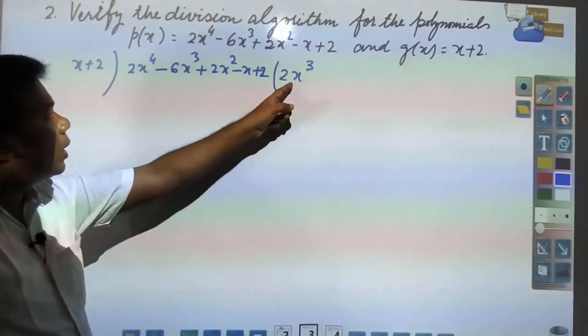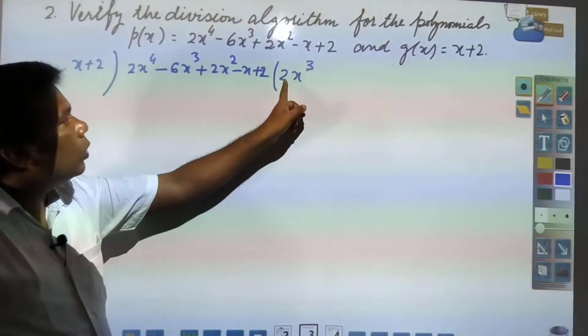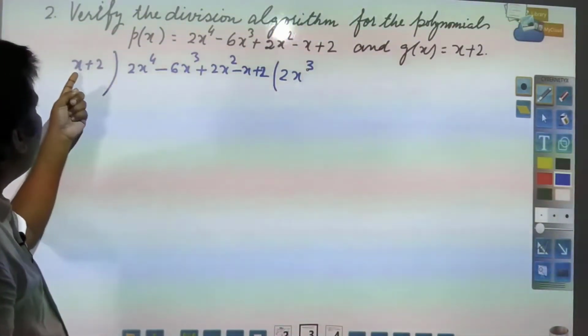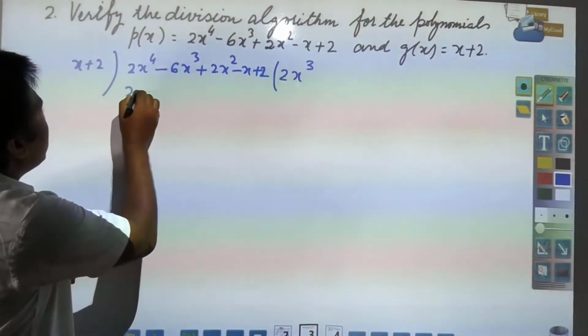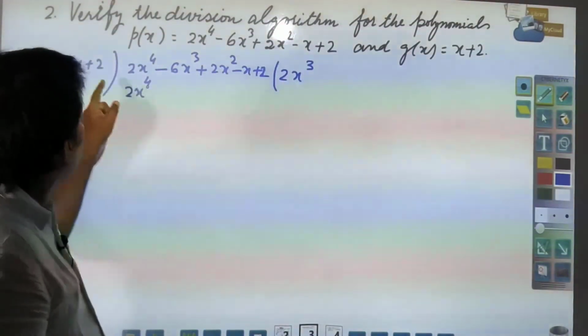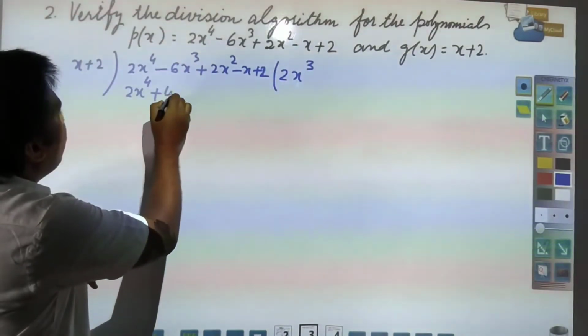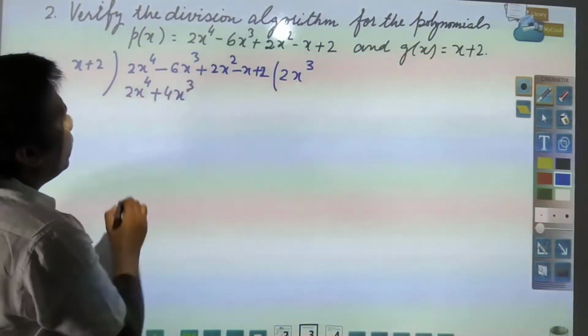So when you will multiply, both the terms will be multiplied. 2x cube into x, you will get 2x to the power 4. 2x cube into 2, so you will get plus 4x cube.